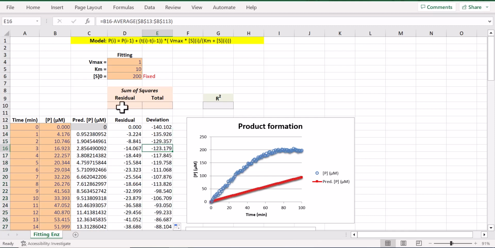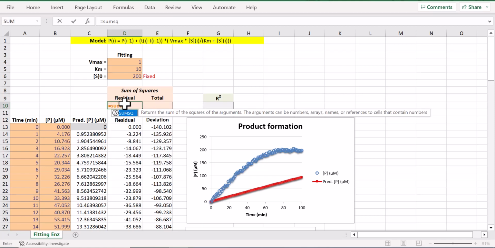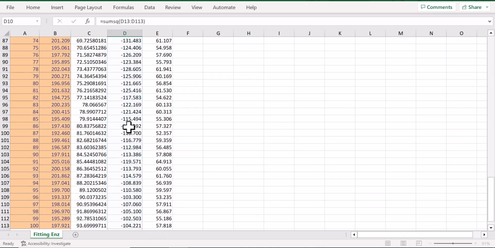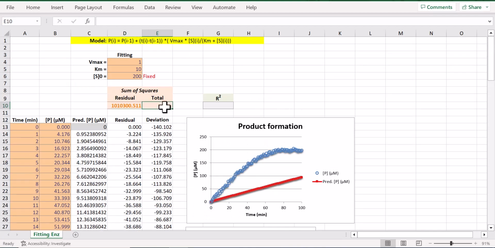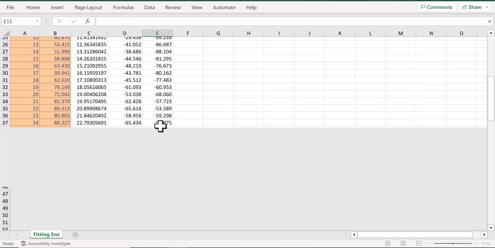Now the sum of squares of the residual is given by SUMSQ of the residual array, Control Shift down arrow, close bracket, return. And the sum of squares of the deviations, also called the total sum of squares, is equal to SUMSQ of this array, E13 down to E113, close bracket, return.